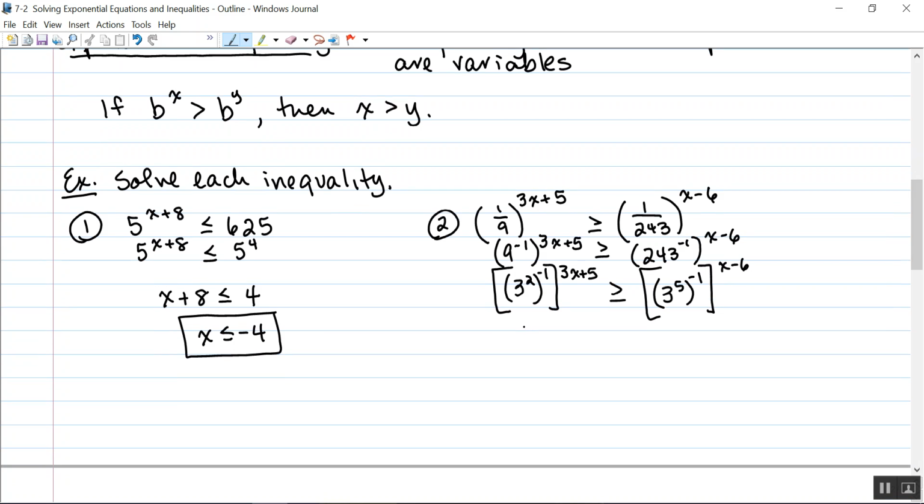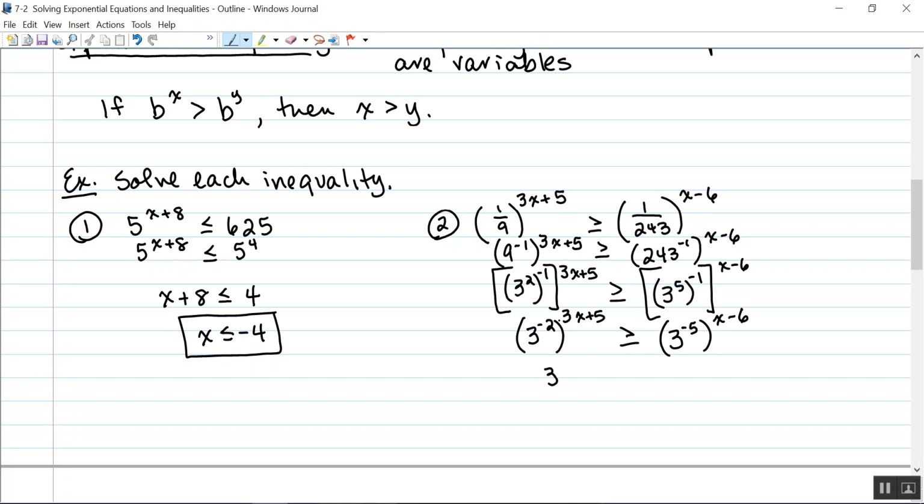So that's going to give me 3 to the negative 2, multiplying those exponents, to the 3x plus 5. If you can do a couple of these steps in one, you can go ahead and do that, but I just wanted to take the opportunity to show you every little step here.